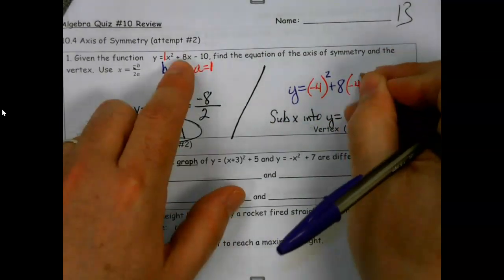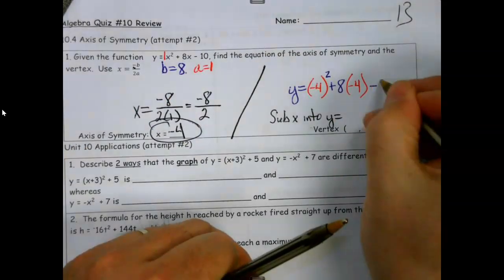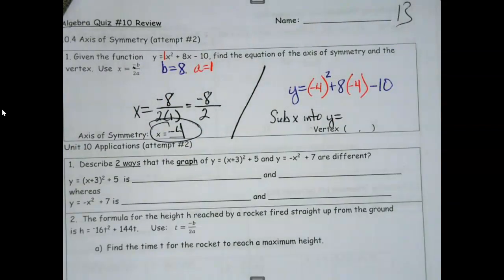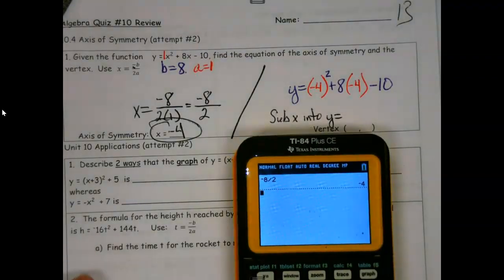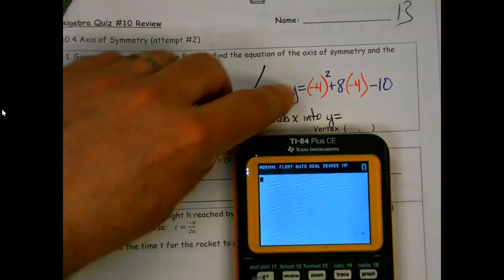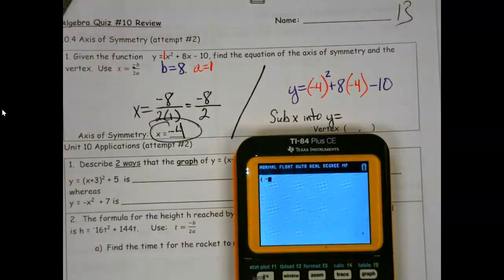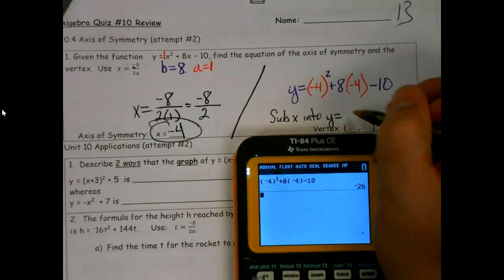So every time there's an x, we're just replacing it. And if I go to my calculator for help, I do not have to put it into the y equals part. I just got to type this second part in with the parentheses. I keep saying that over and over and over.